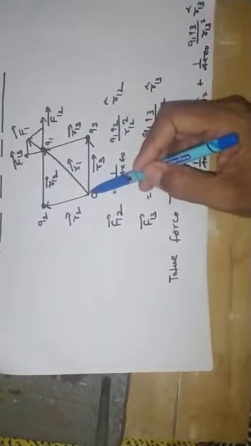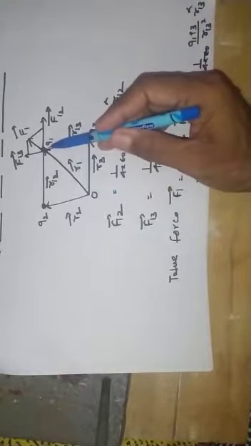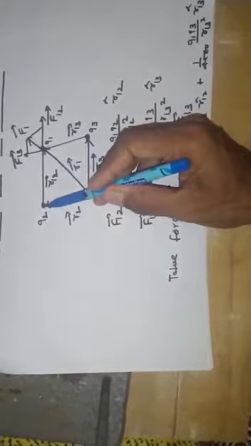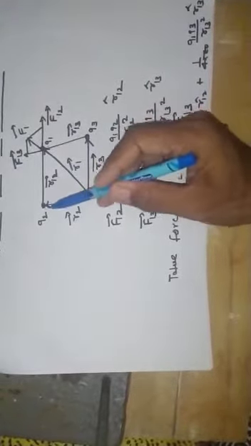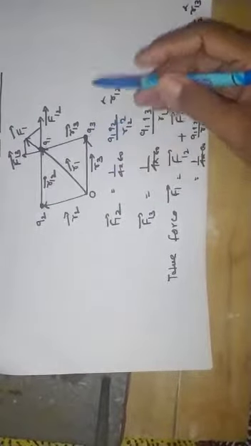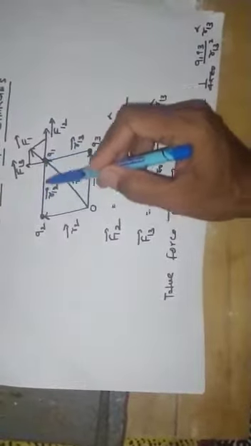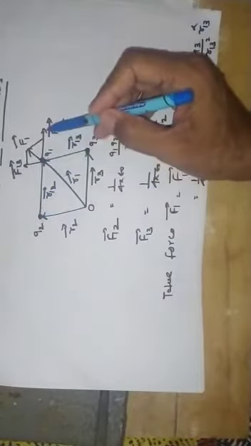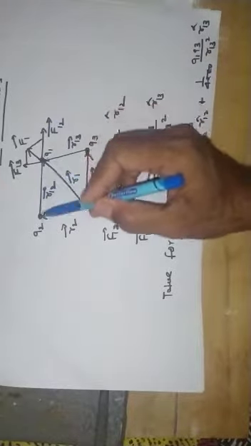Position vectors from O: for Q1 the position vector is R1, for Q2 it is R2, and similarly for Q3 it is R3. So the force between Q1 and Q2, we write F12, and the vector distance is R12.